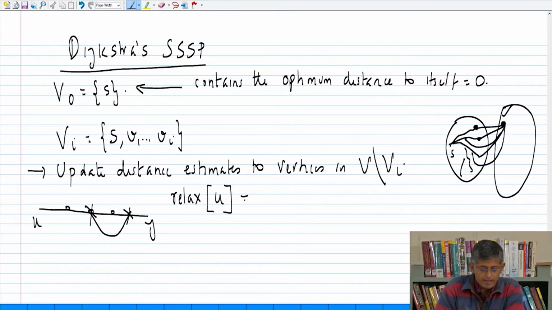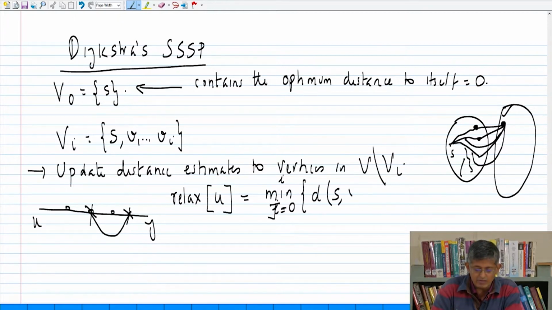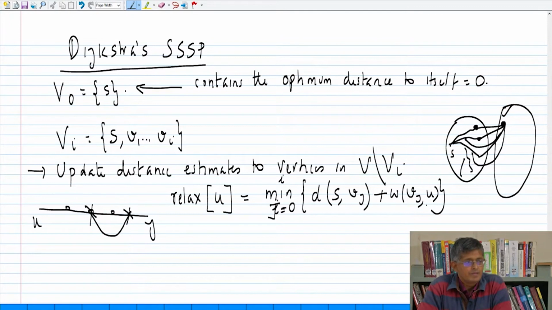So the relax value for U is the min over j going from 0 to i, where 0 means S, V0 is S, V1 is 1, Vi is i, of the distance which you have already calculated from S to Vj plus the weight of the edge from Vj to U. Fine.